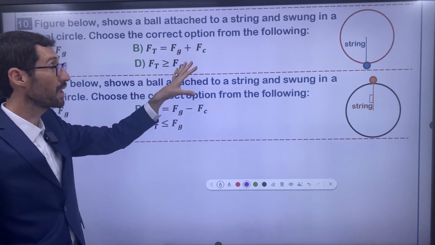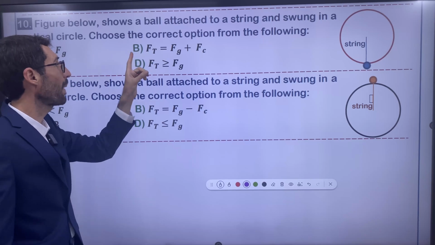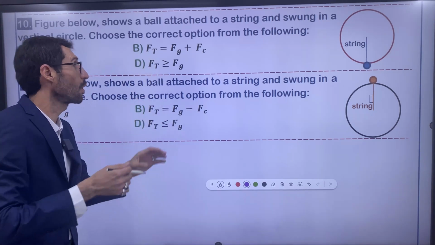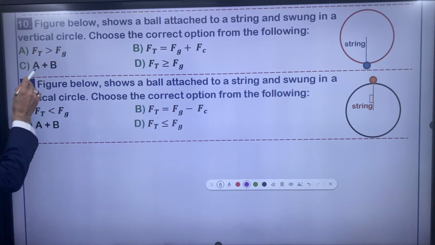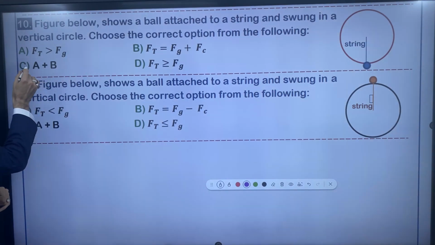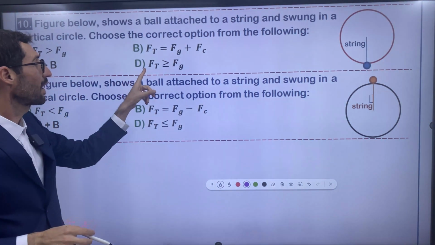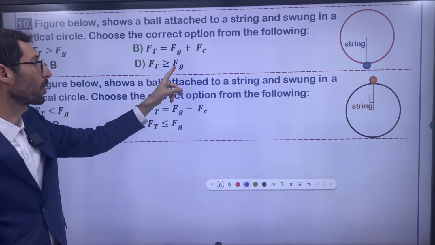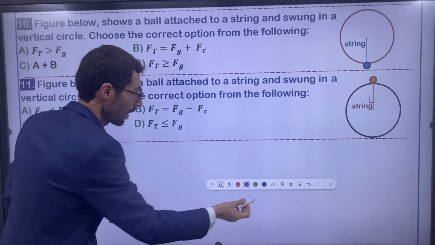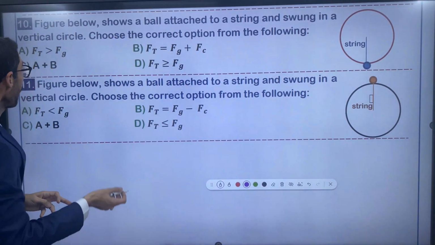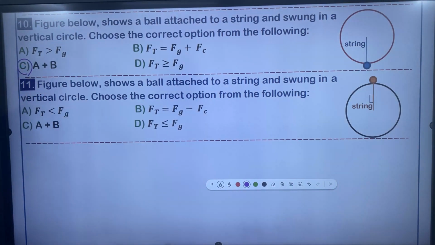Yeah, it's right. Because I told you at the bottom, Ft is equal to the summation of Fg and Fc. So till now, A plus B means both previous options are true, but the last one, D, Ft is greater than or equal to Fg. No, we don't believe it. It's not true. So the only answer is this one, C.